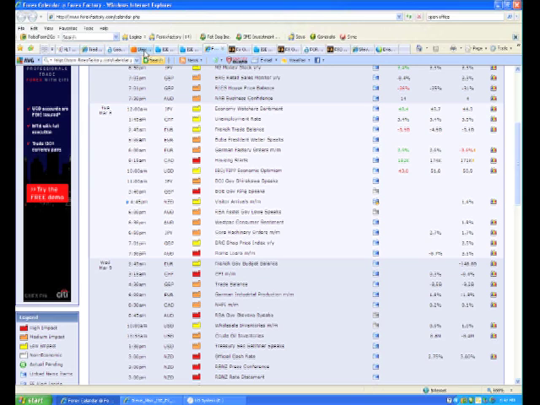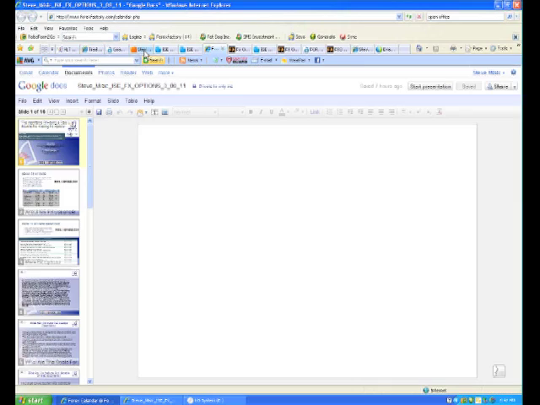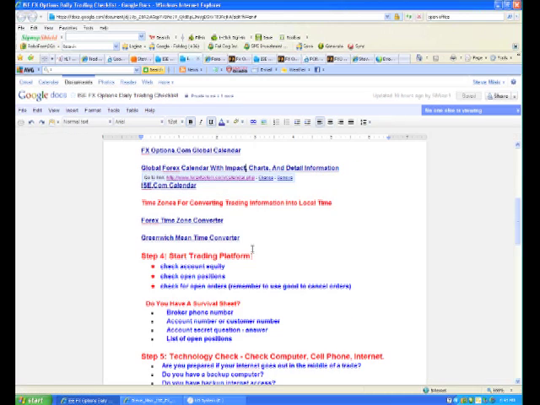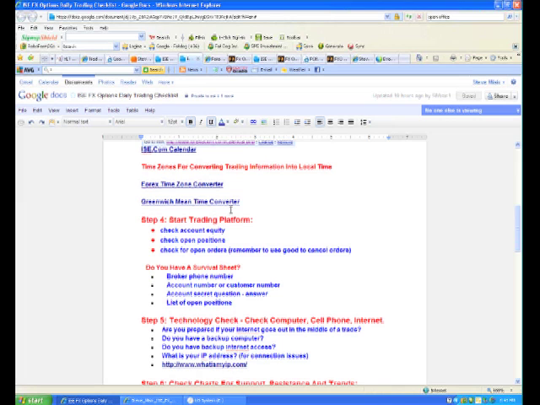All right, and then as I'm going through my list, I've got all the information written down. I also have a couple of websites where I can convert the time into Greenwich Mean Time, and I convert it into my own time zone. I've got step number 4, checking my account, orders, checking my open position, checking my equity. I've got my survival sheet information.